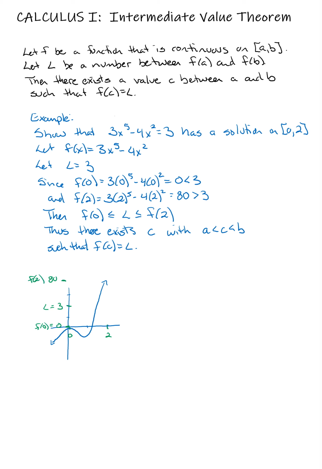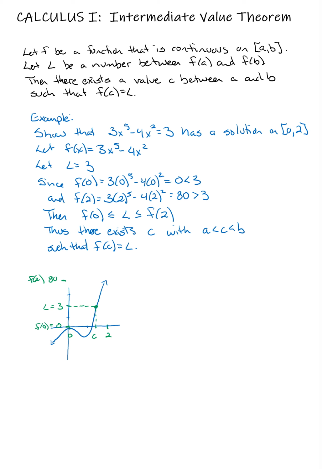And since L falls between f of 0 and f of 2, that tells me there must be some, this is the big bit, there must be some value between 0 and 2, we'll call it c, that corresponds to 3.